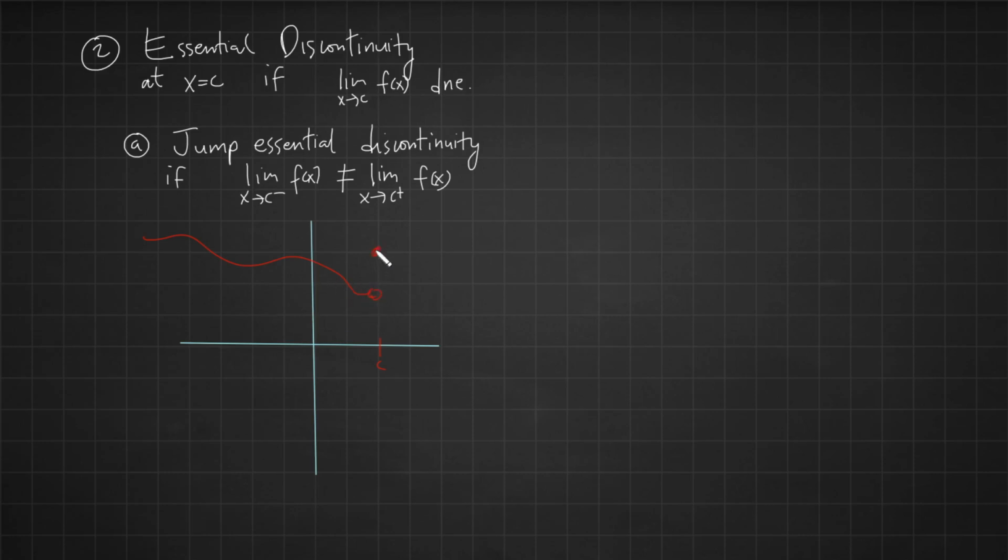But from the right, suppose you have something like this, and as you can see, the graph of the function jumps from here to here, and that's why we have a jump essential discontinuity. Now, the other kind of essential discontinuity is the infinite essential discontinuity.